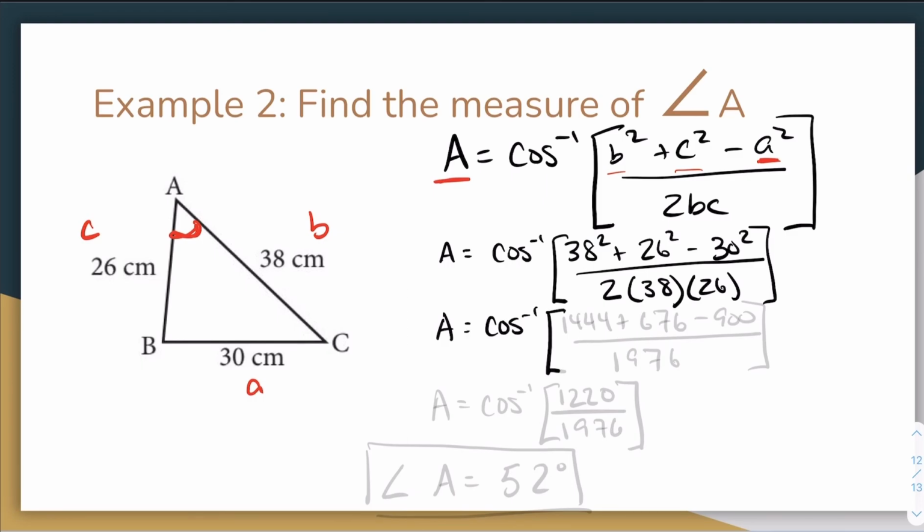Let's simplify this a bit. 38 squared is 1,444. 26 squared is 676. And 30 squared is 900. That's divided by 2 times 38 times 26, which is 1976.